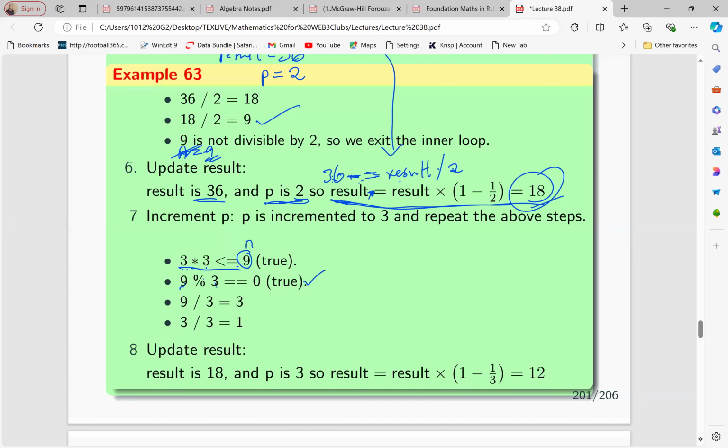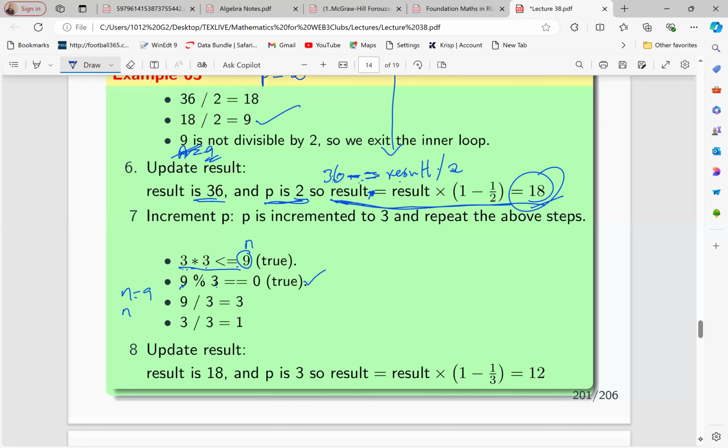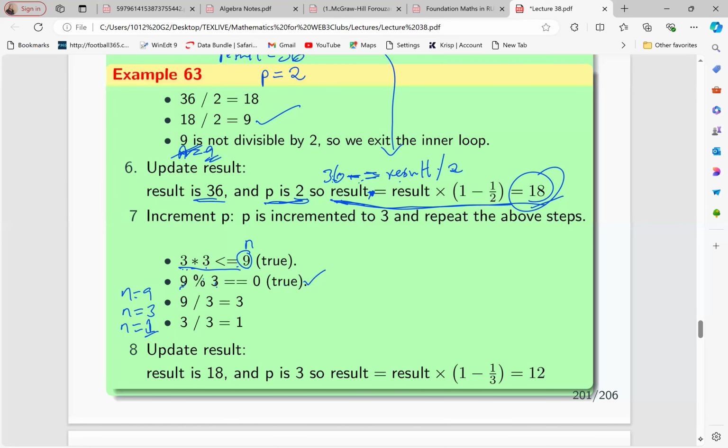So we go inside and our N was 9, divided by 3, get a new N, divided by 3, get another N, and this time we've gotten 3 cannot divide. So we exit this loop again. Cannot divide. So the loop is not on.